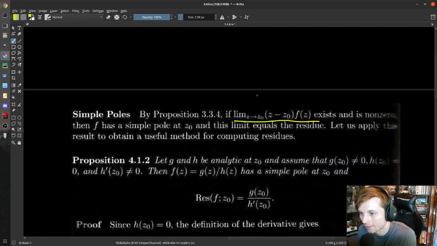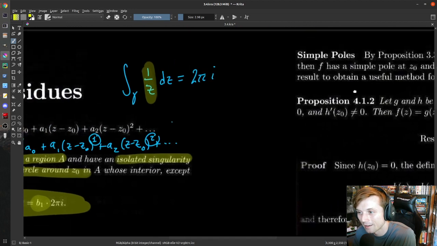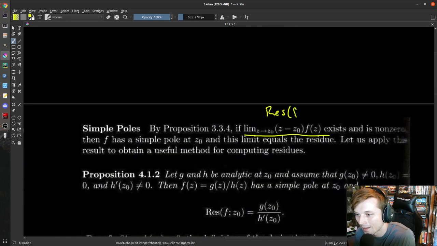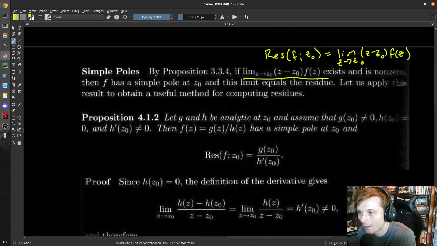So the residue of f at z naught is equal to the limit as z goes to z naught of z minus z naught times f of z, as long as this exists and is non-zero.